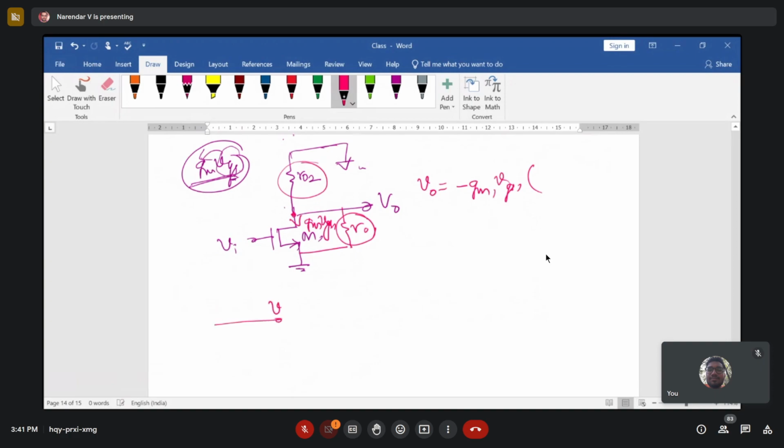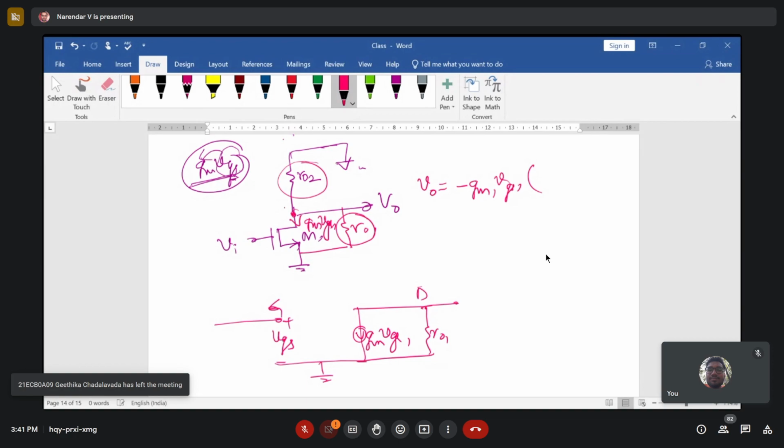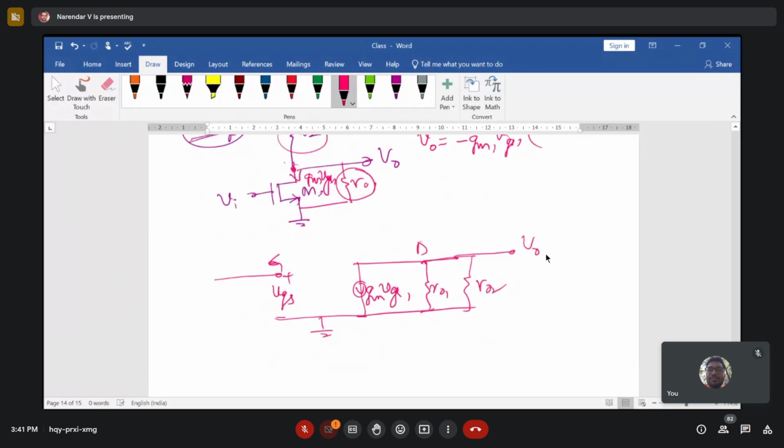This is your gate terminal. This is the source terminal connected to ground. Then this is your VGS, positive and negative, gm times VGS1. This is r01. And here is the drain terminal. The same drain terminal, r02, is connected to AC ground, so you can write it as r02, and this is your Vout. Now from this analysis you can calculate Vout, positive and negative.